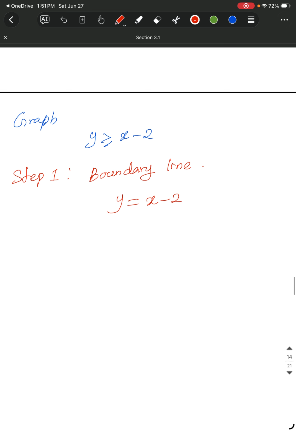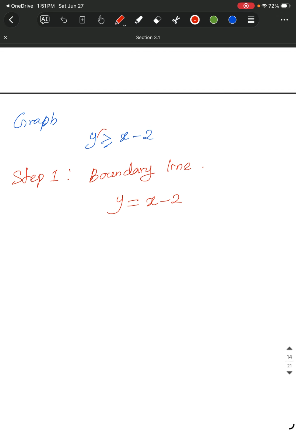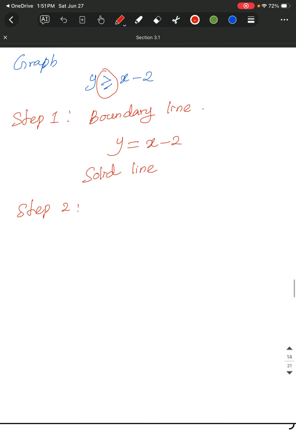And also we wanted to determine whether it's a solid or dashed one. We have greater than or equal, therefore a solid line. Equality sign with the inequality means the points on the line must be in the solution region. So the solid line. Step 2, test point.